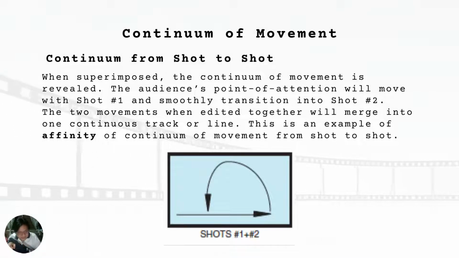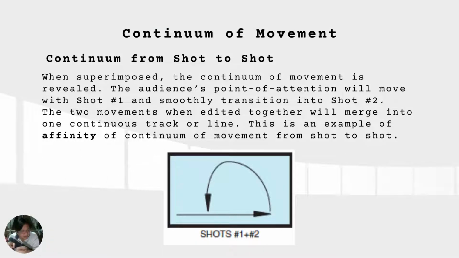You just follow the moving objects, then edit another moving object, but the second moving object picks up from the first. So you still create a flowing movement.